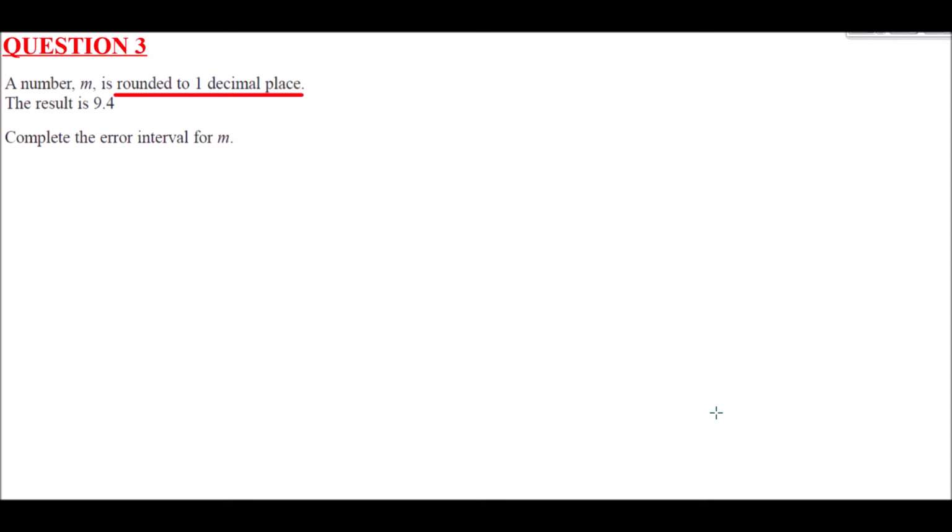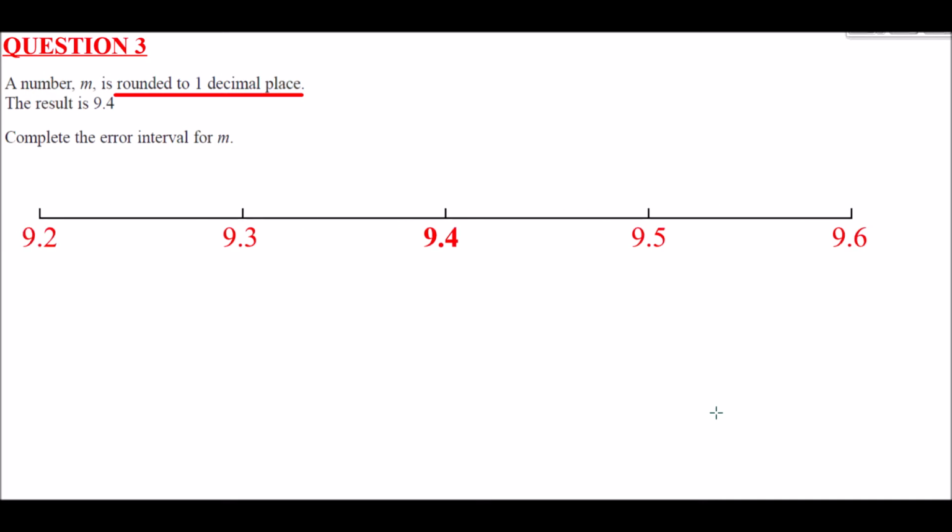So getting up towards 9.4, you can picture that part of the number line as being this. So the number line given to one decimal place around 9.4, I'd have 9.4 in the middle and 9.3 and 9.5 to either side. But it's got to be closer to 9.4 than to 9.3.